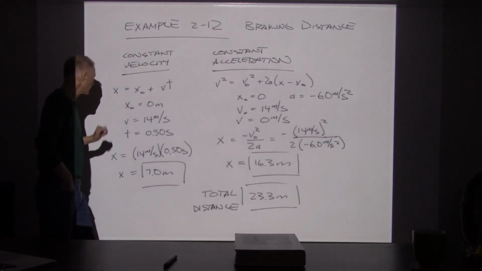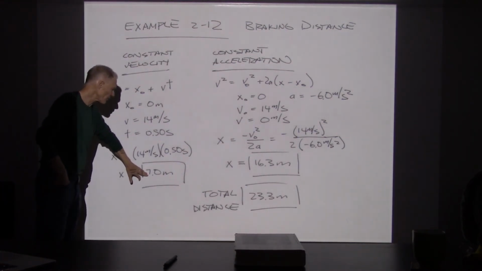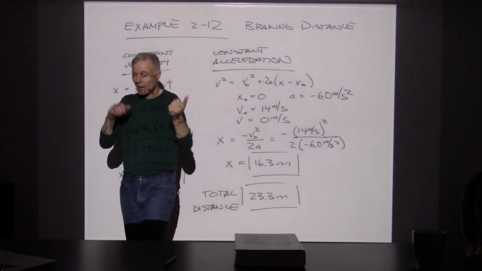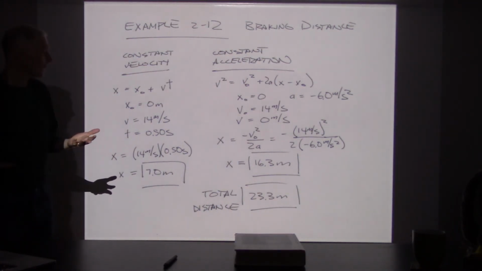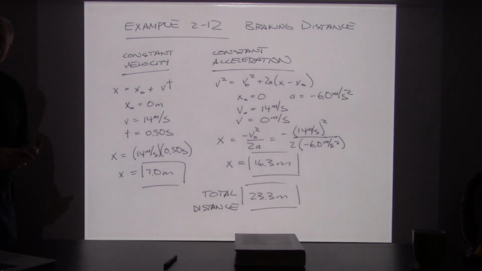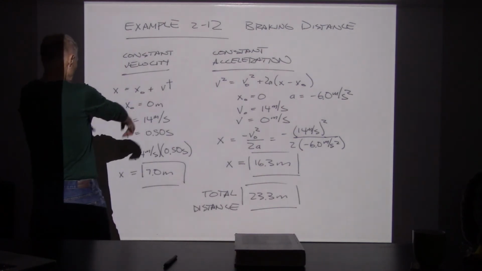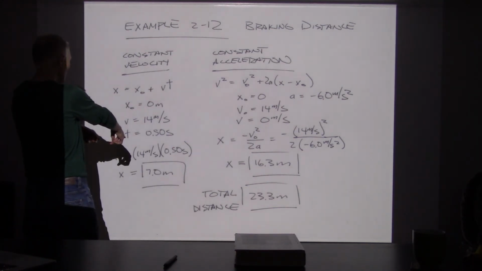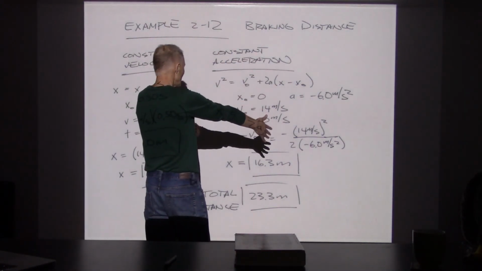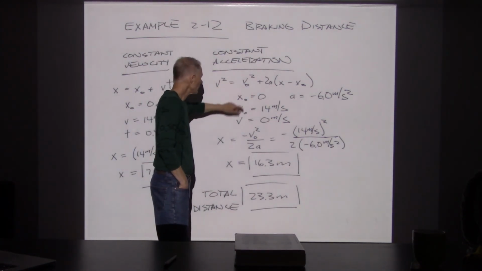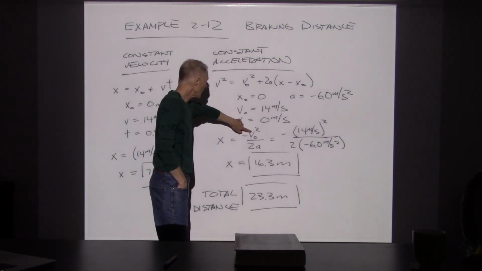A different person might say, but couldn't I start with my 7 meters and put that in here? With my approach, at the end, whatever I get, I'm going to have to add numbers together. So the reaction time resulted in a 7-meter displacement. For the constant acceleration of braking, plugging numbers into this formula, I've got a minus sign here, v naught squared.